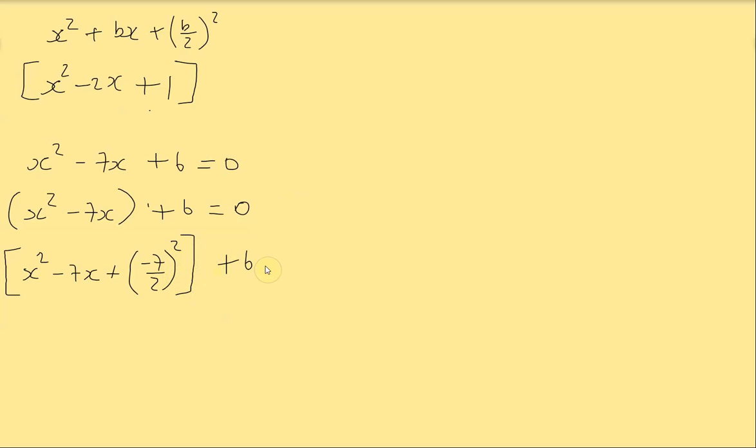So what we would do to balance that is simply subtract whatever this value is, and that's negative 7 over 2 all squared. So we added it in the bracket, come outside the bracket and we subtract it, okay, and that's equal to 0.